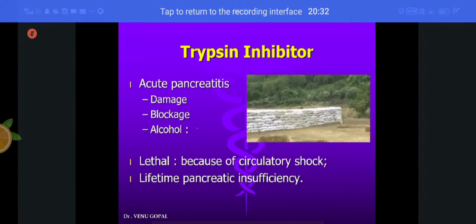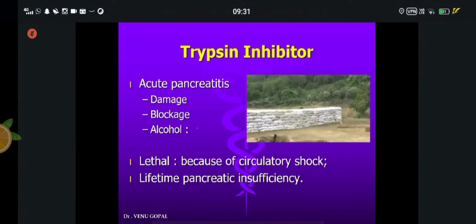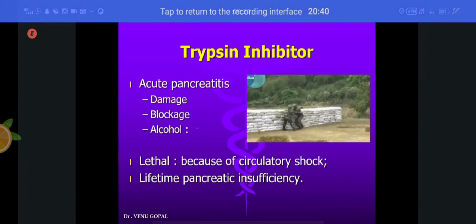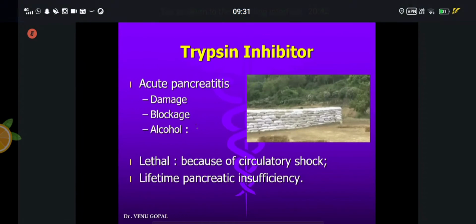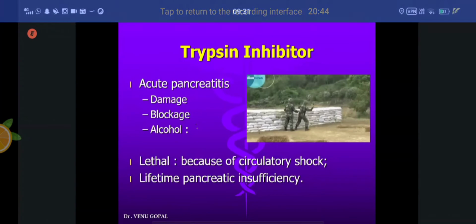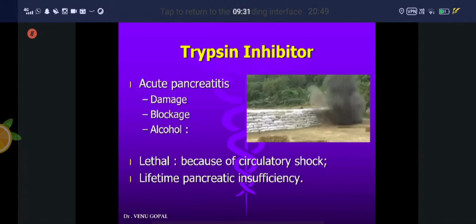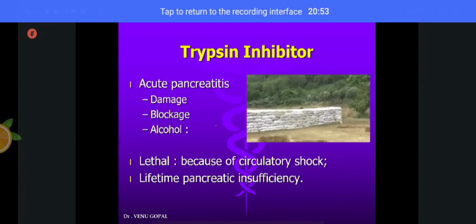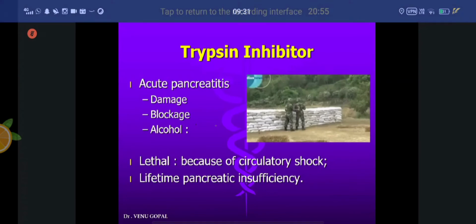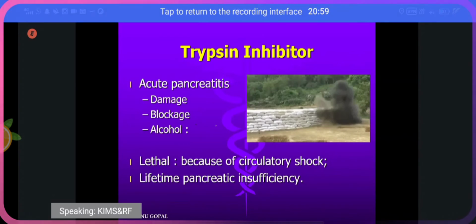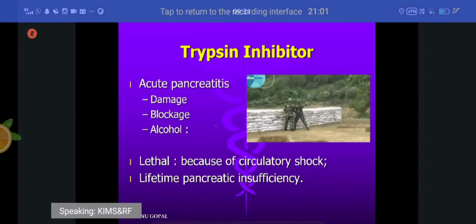That is the story all around about trypsin inhibitor, pancreatitis, blockage, alcohol damage, and it is dangerous and it may lead to death because of the circulatory shock as well as the diabetes mellitus, which results from pancreatic autodigestion. So this is like mishandling a grenade. Trypsin inhibitor can be compared with the safety pin of the grenade.